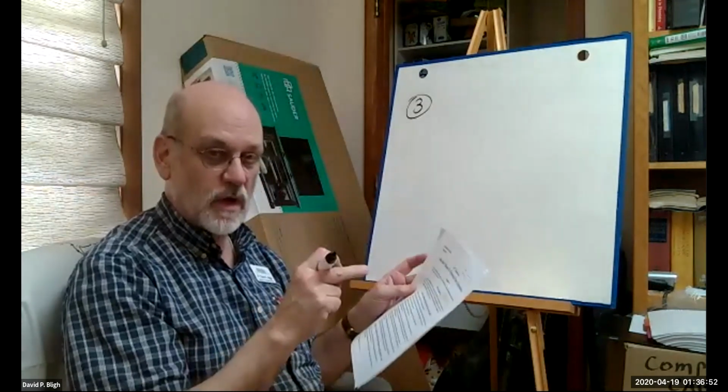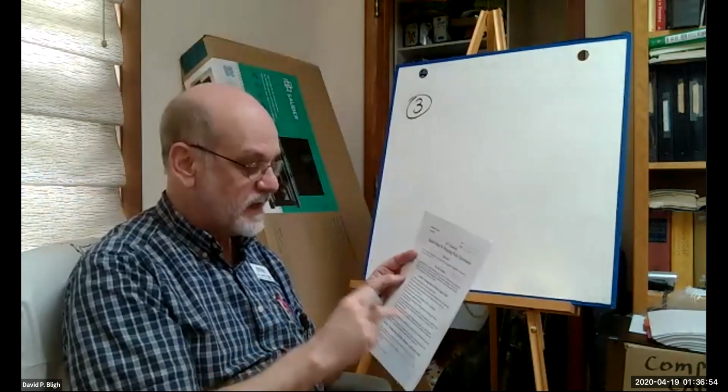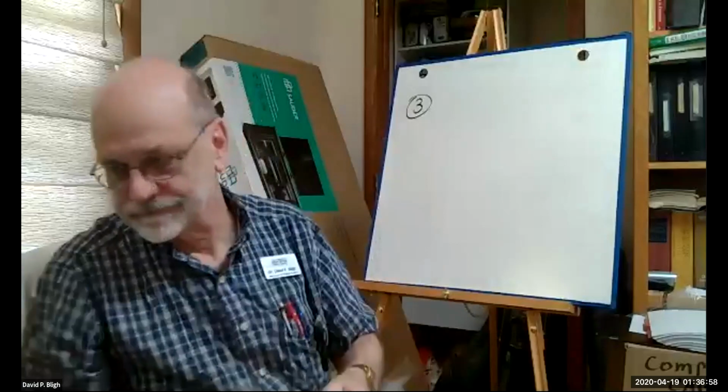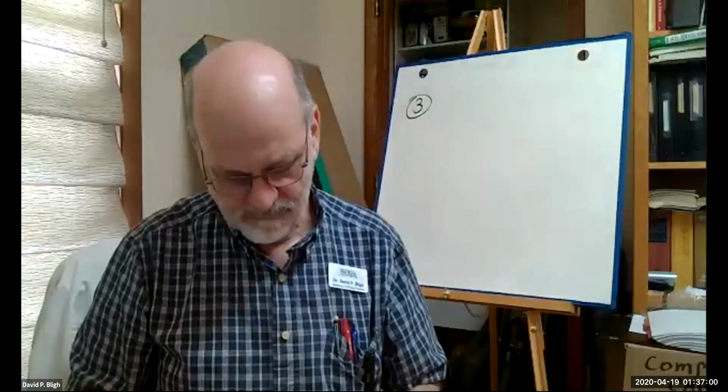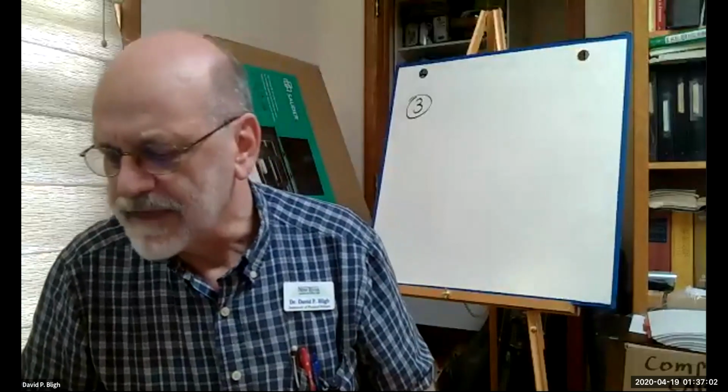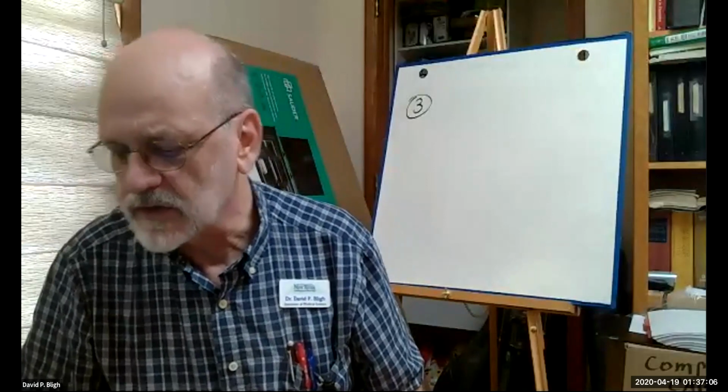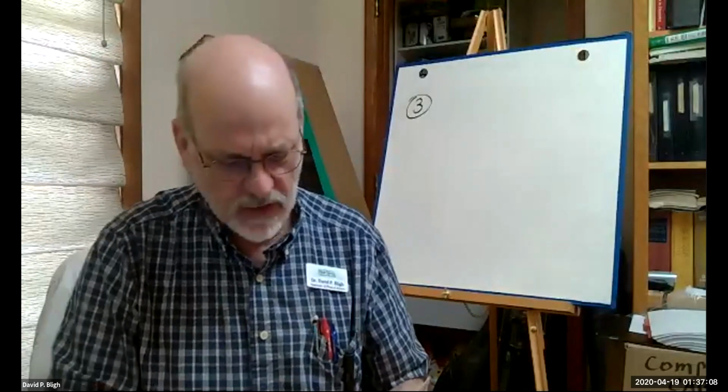Thinking as you go, where could we make a mistake at each one of these steps? Okay? All right. So I think that's everything you're going to need to do the calculations. I showed you how to do one of the calculations already.